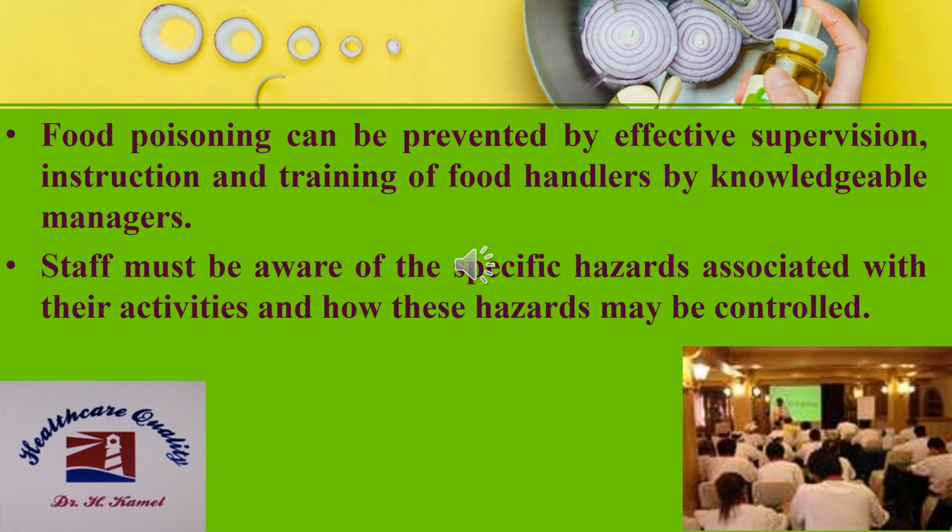Food poisoning can be prevented by effective supervision instructions and the training of food handlers by knowledgeable managers. Staff must be aware of the specific hazards associated with their activities and how these hazards may be controlled.